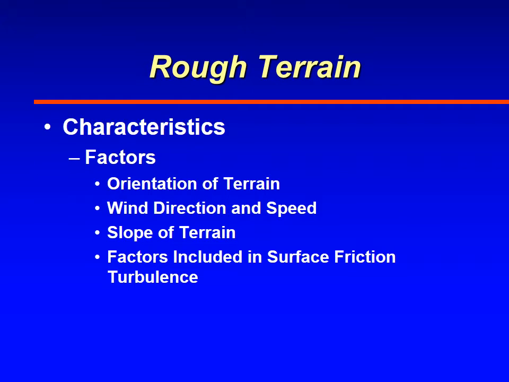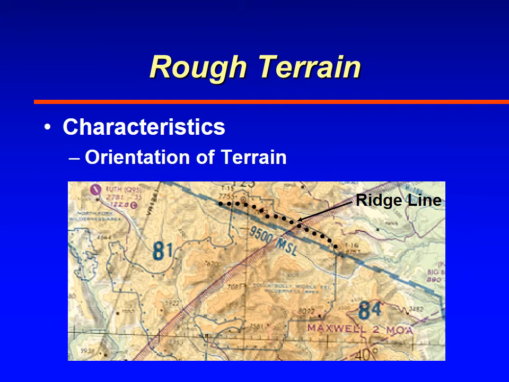So the factors that affect how you get turbulence down low with rough terrain include the orientation of the terrain. In other words, how the hills or ridge lines are oriented, also the wind direction and speed, how fast the terrain drops off, and then finally the other things that we talked about when we discussed surface friction turbulence.